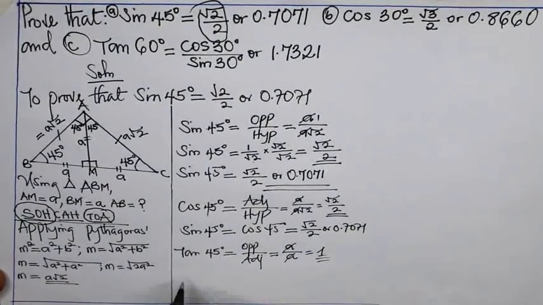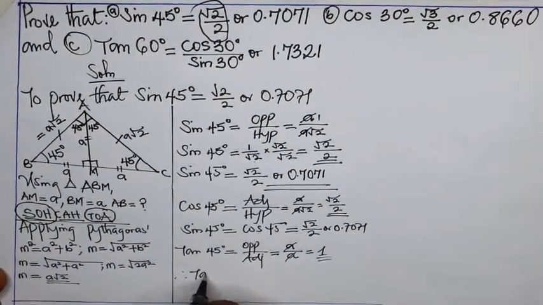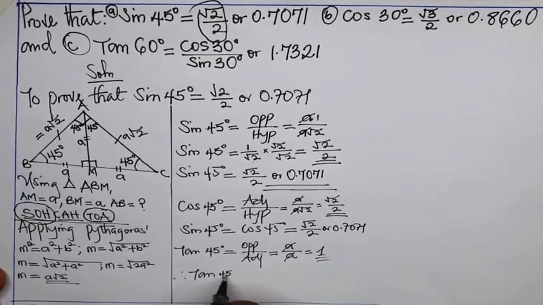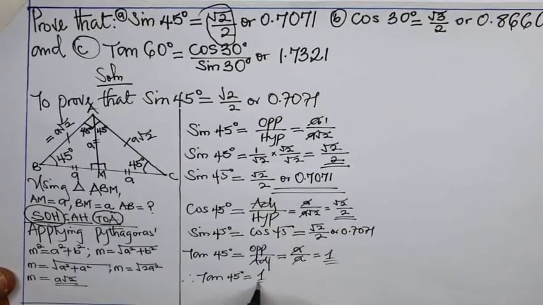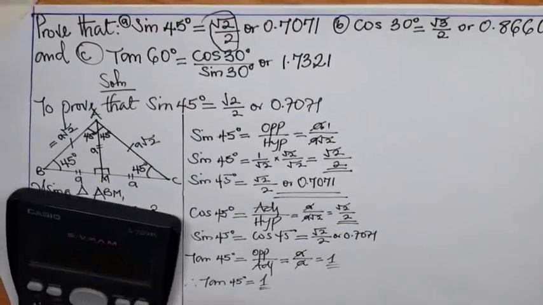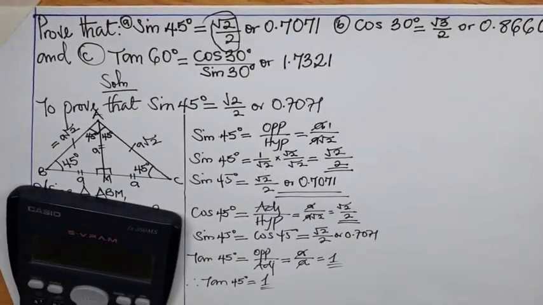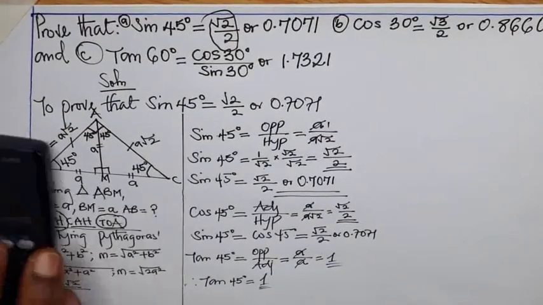That's it. So we can conclude here that tan 45 degree is the same thing as one whole. Now check your calculator, type tan 45 and see if it's true. Tan 45 gives us number 1.